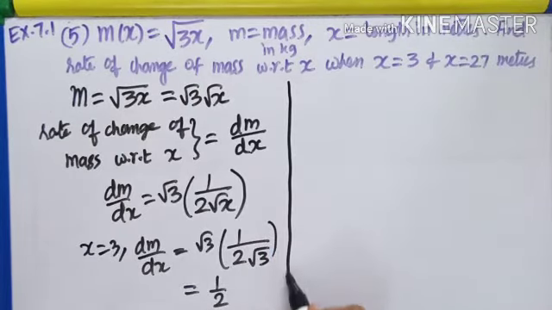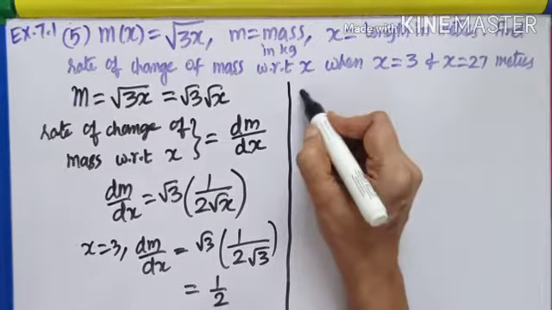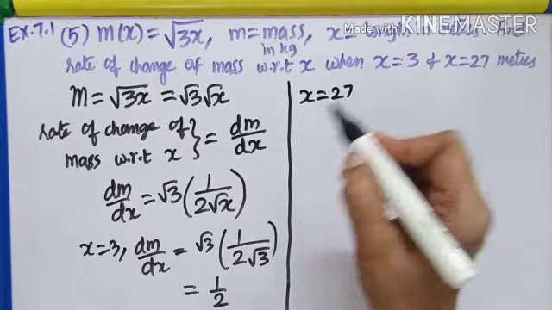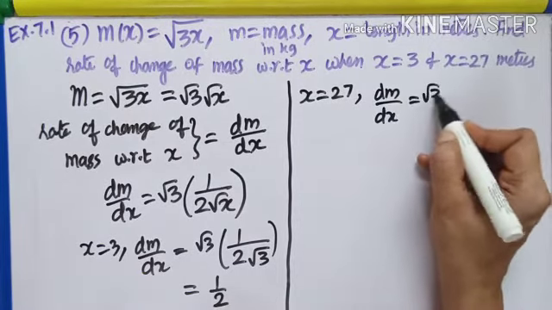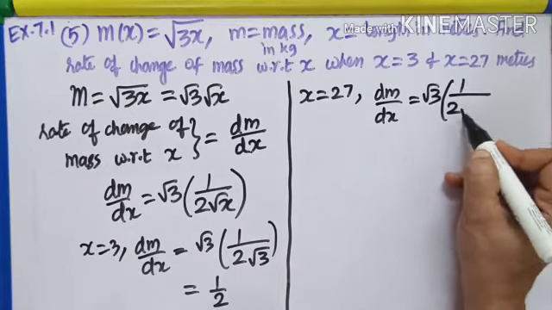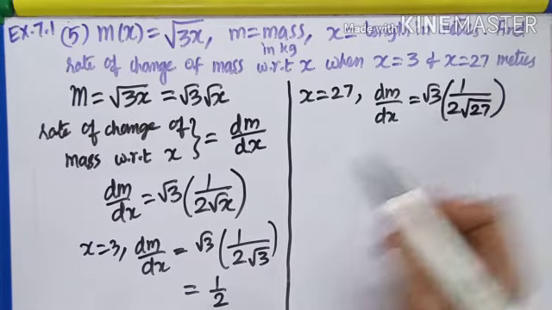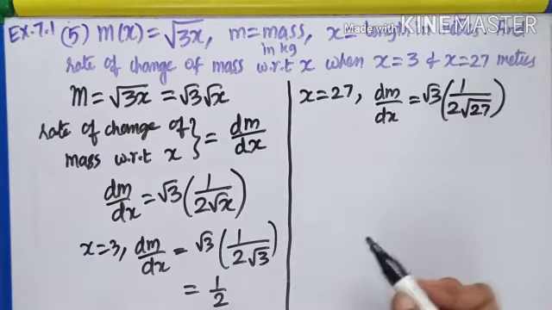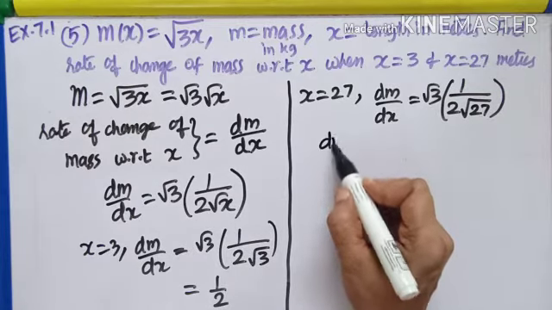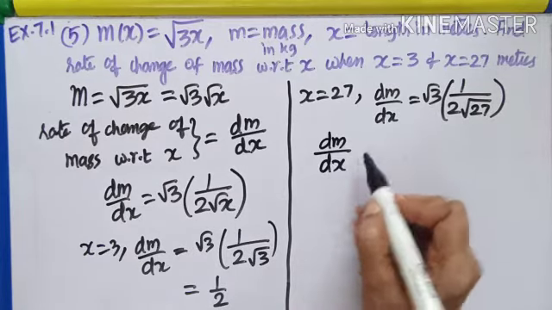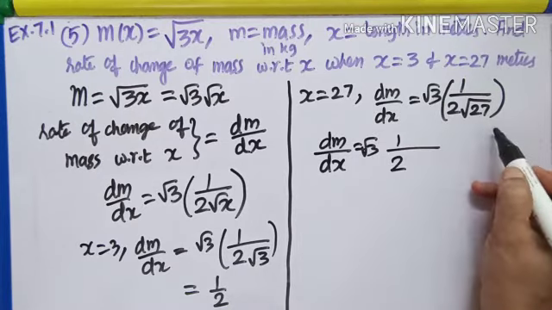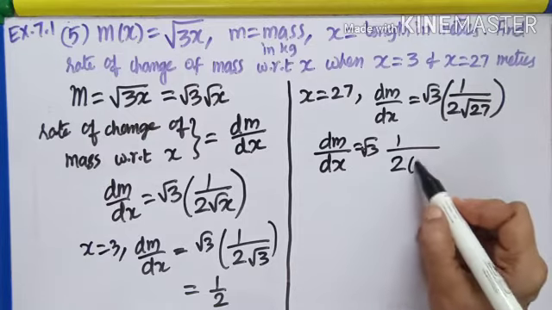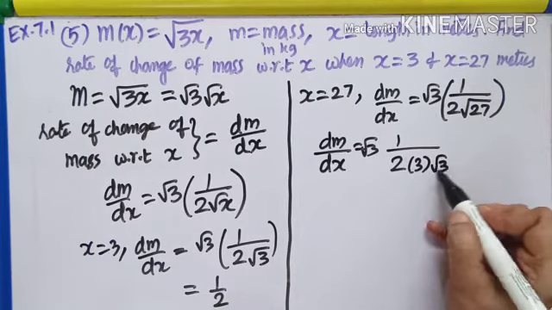The next idea, wherever x is coming, let us substitute 27. So dm by dx is equal to root 3 into 1 by 2 root of 27. In the place of x, we are putting 27. What is root of 27? 27 can be written as 9 into 3. 9 square root is 3. 3 square root is root 3.